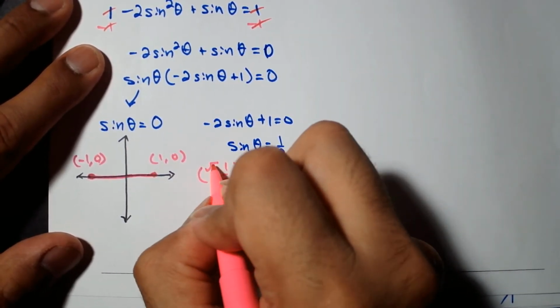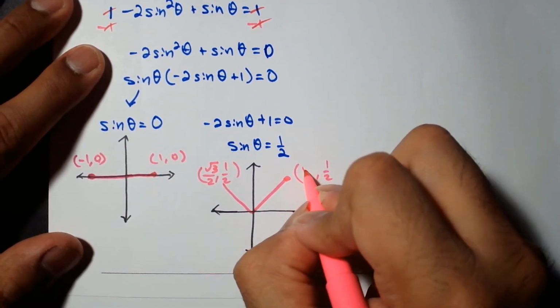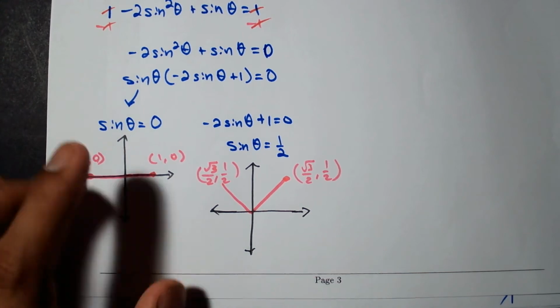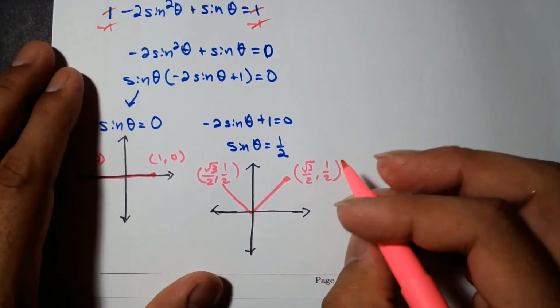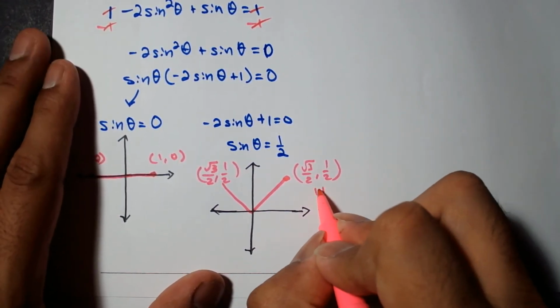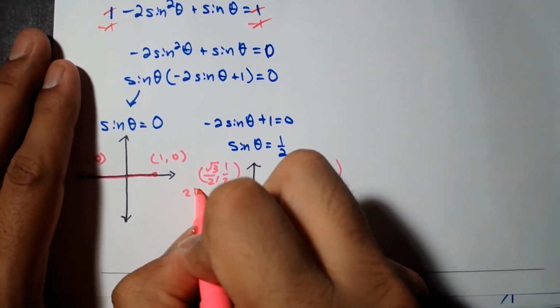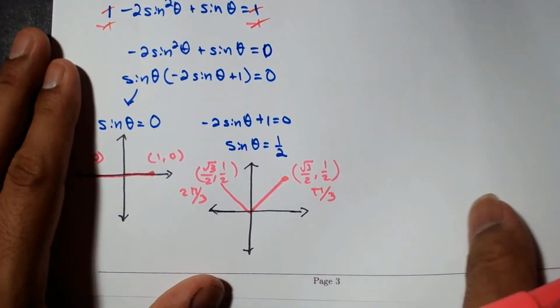What's the x coordinate? Root of 3 over 2. Root of 3 over 2. So in this case, I believe that's pi over 3 and 2 pi over 3, because I believe we already did this one.